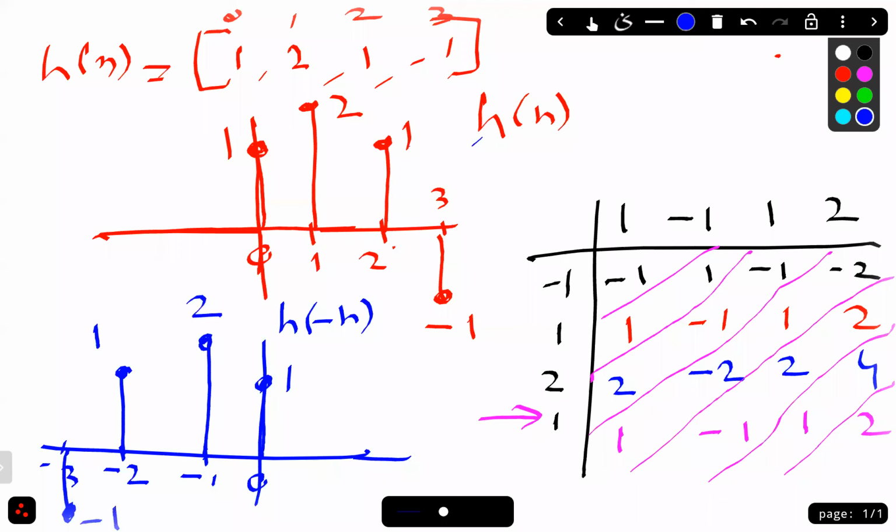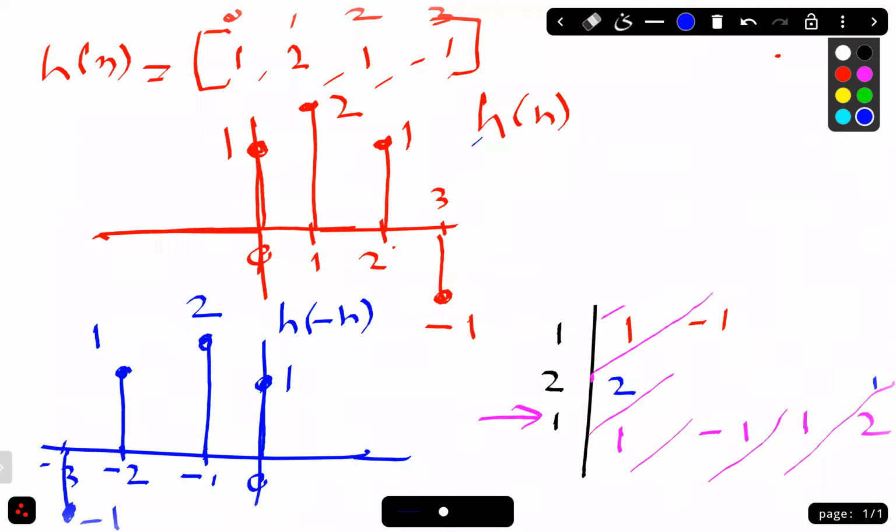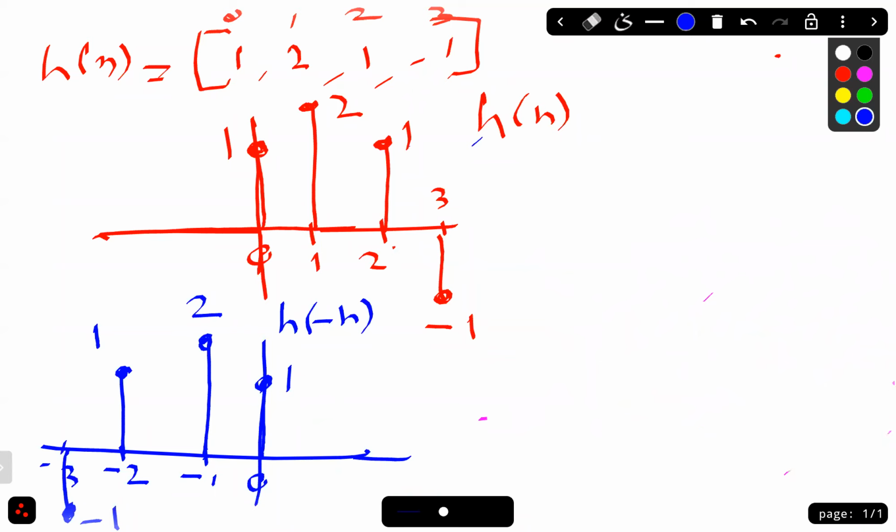आता सिक्वेन्स लिहिताना कसा लिहिणार तुम्ही? H of -n कसा लिहिणार आता? बाय लुकिंग एट दिस वन. सांगू शकाल मला? Who will tell me? आता H of n असा आहे आपला. H of n is equals to, it is like 1 2 1 -1.